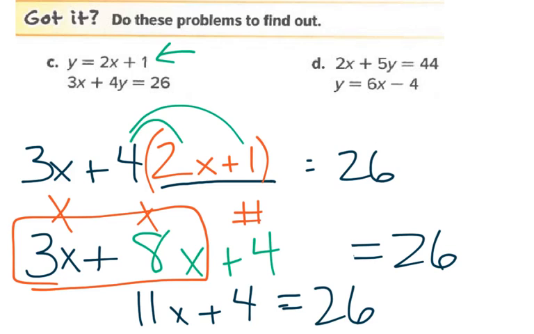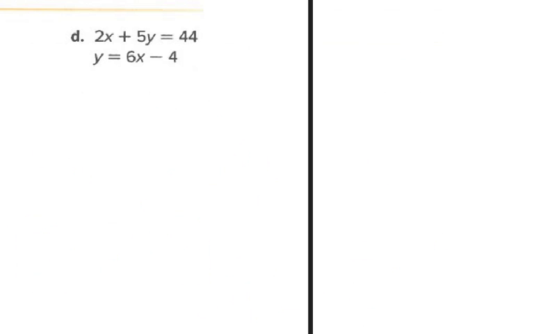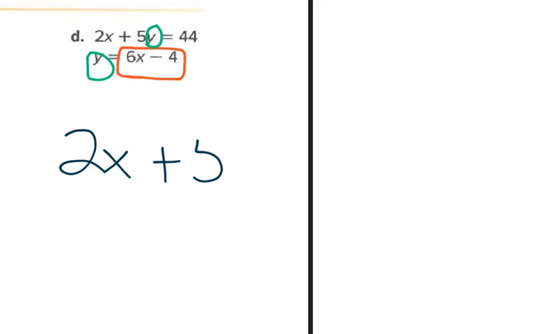Alright, let's try D. And again, notice that they've solved for y for us, so that's good. So y is 6x minus 4. So in place of this y, I'm going to put 6x minus 4. So 2x plus 5, and then I'm going to leave a space, equals 44.